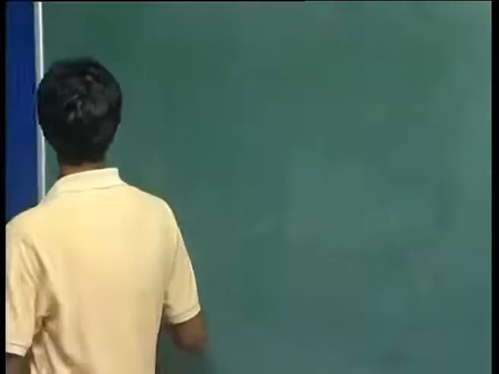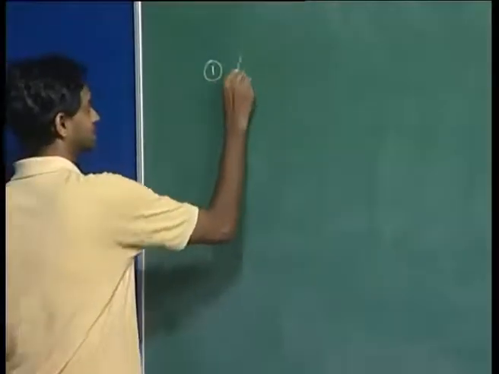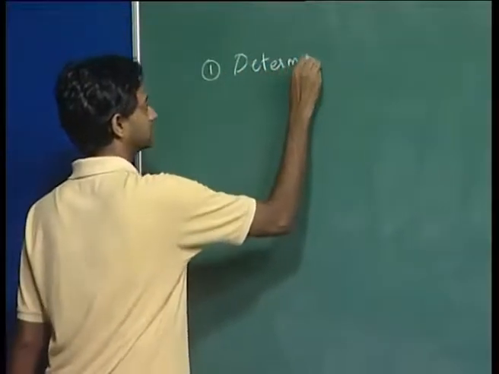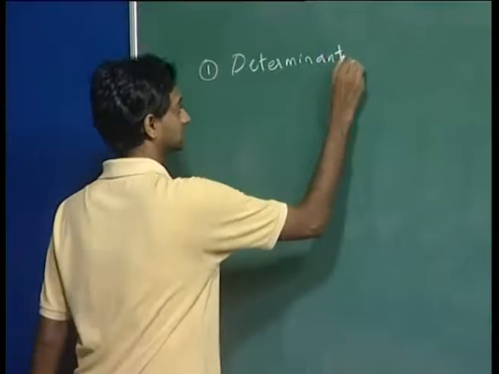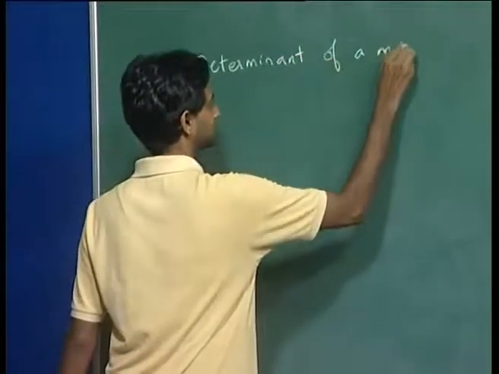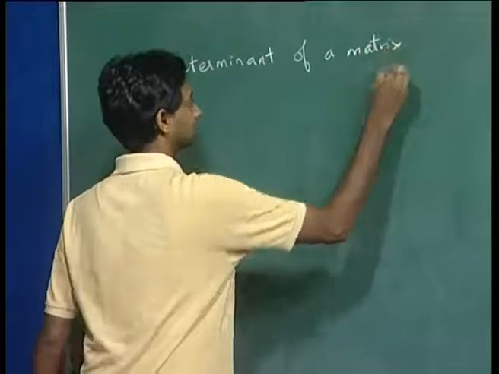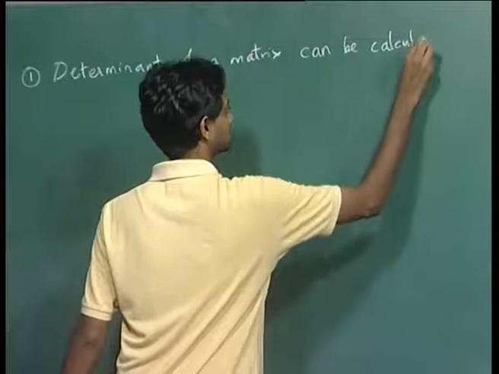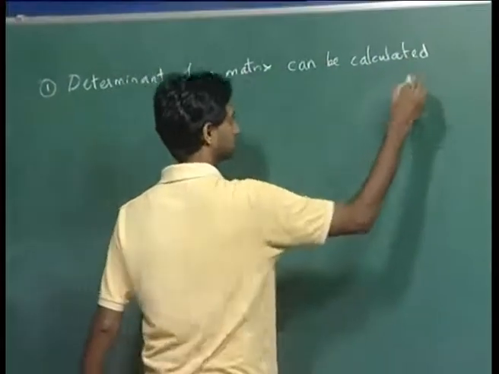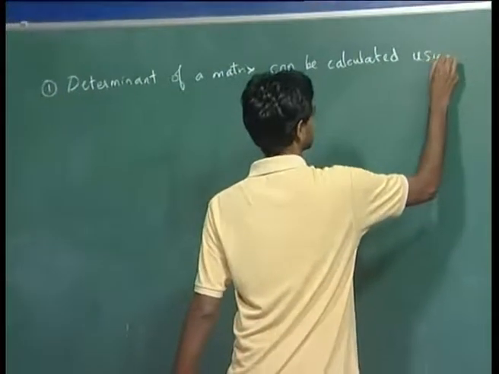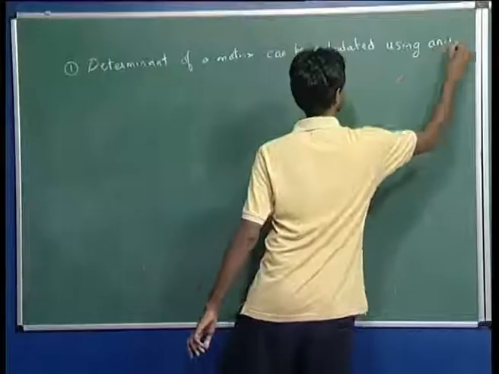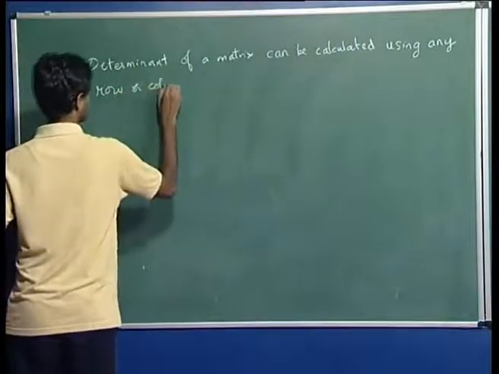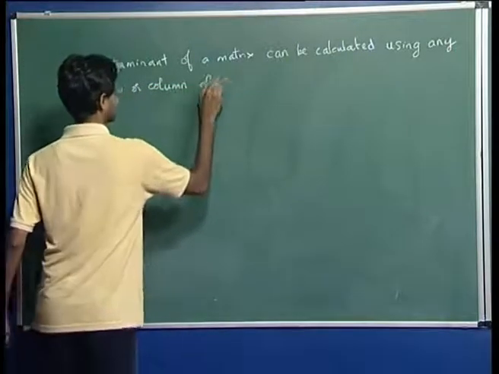So, the first one is that the determinant of a matrix can be calculated using any row or column of the matrix.